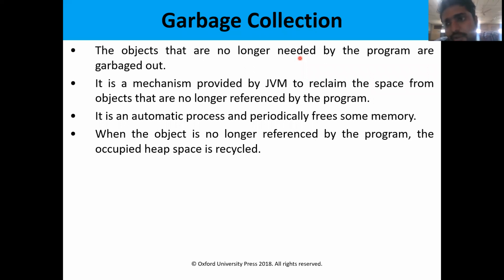In nested classes, we have two types: static nested classes and non-static nested classes. If you use the static keyword, it is called a static nested class; if you don't, it is called a non-static nested class. Nested classes means a class which consists of another class.